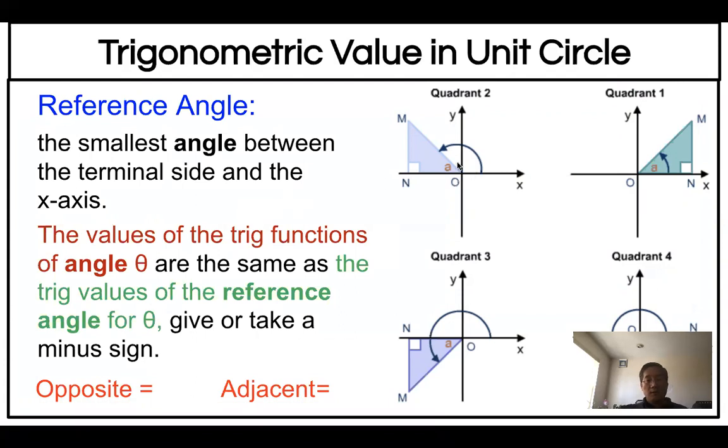Your angle is in quadrant 2, let's say your point is here and M is the point. Then the initial ray and the terminal ray form an angle here, but your triangle is here.